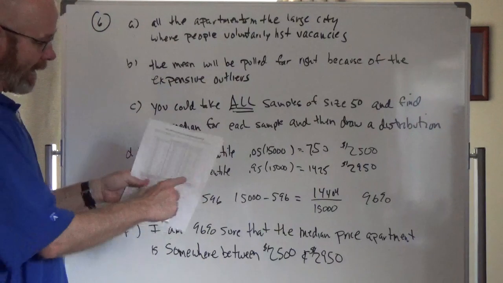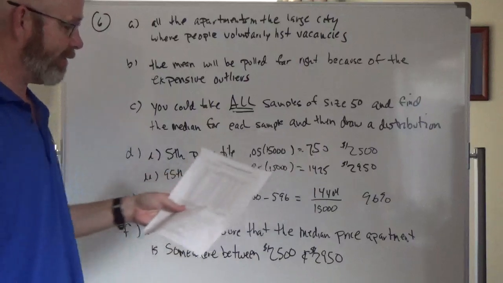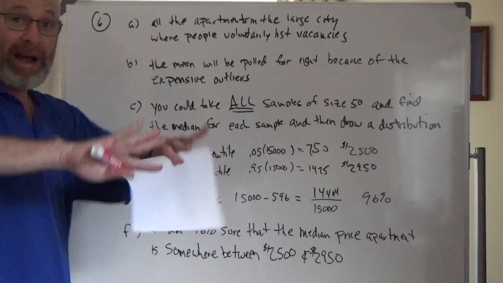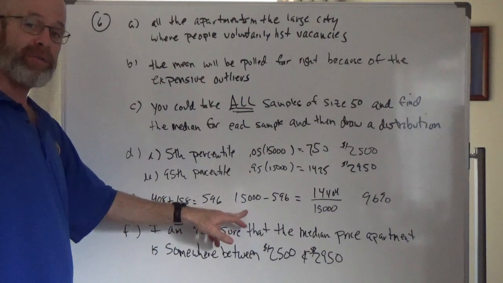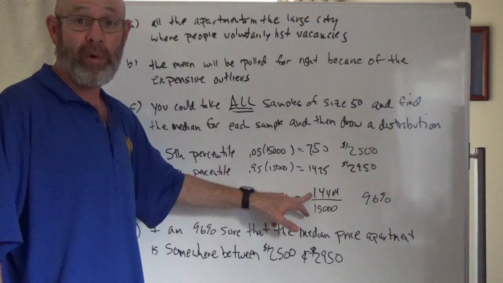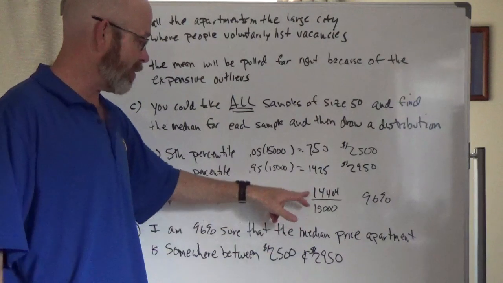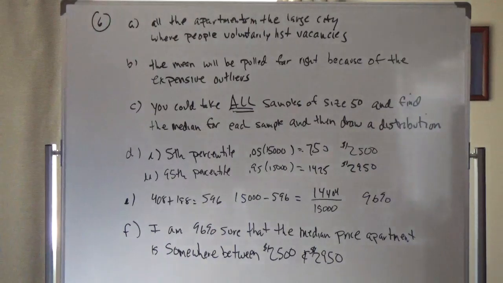The 188 is the number on the other side before I got to the 2,950. So those are the ones outside my interval. I added them up, got 596, and subtracted that from 15,000. I got 14,404. The question was what percent? So 14,404 out of the 15,000 gives me 96%.